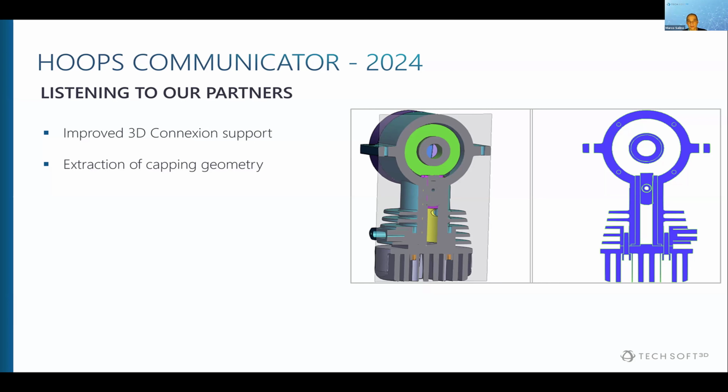And we also added an API to automatically extract the capping geometry of any capped-in sections for any 3D model. It was possible before, but it needed manual work, and now we automated this process for you.